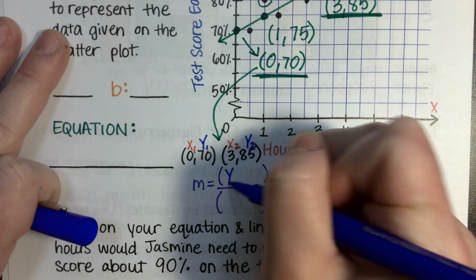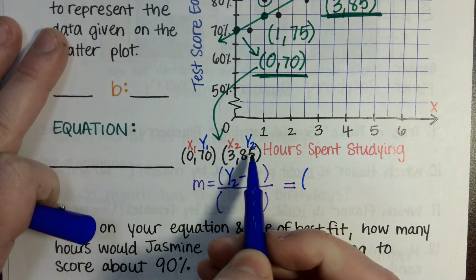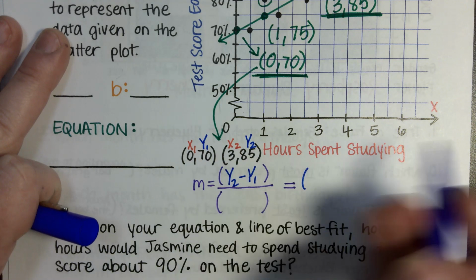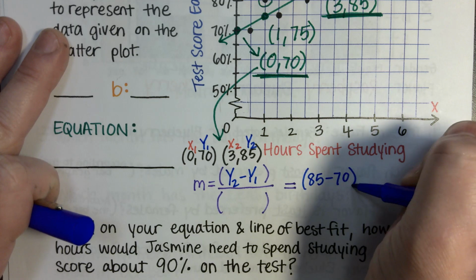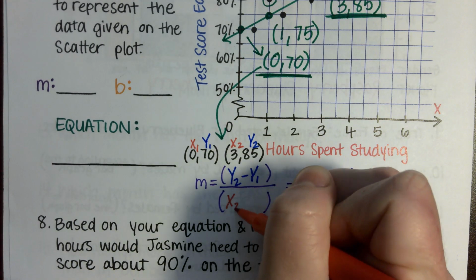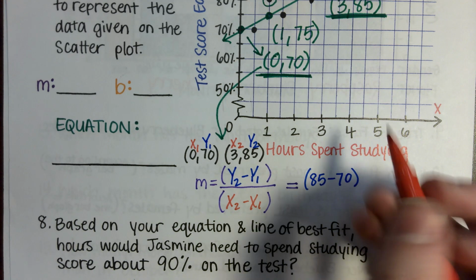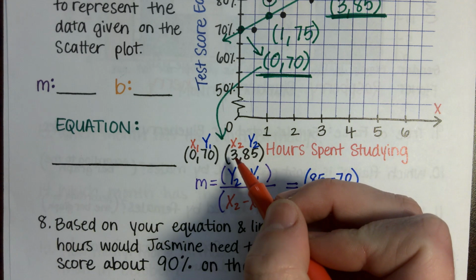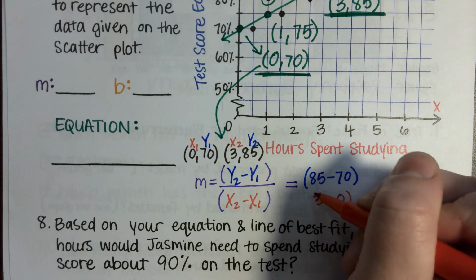Y's. Good. So y2 minus y1, or like what Star said, my y2 is 85, my y1 is 70. So 85 minus 70 over x2 minus x1, and what are those values? That is 3 and 0. Good. Over 3 minus 0.